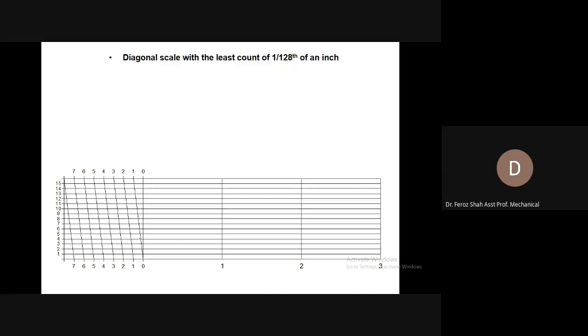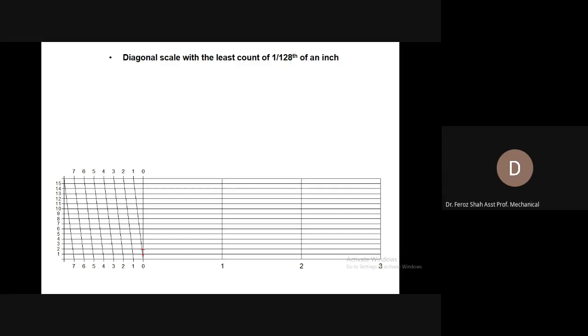So 8 into 16 makes 128. Starting from here, this division from here to here is 1 by 128.